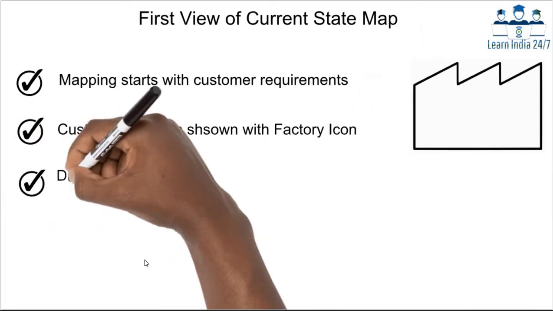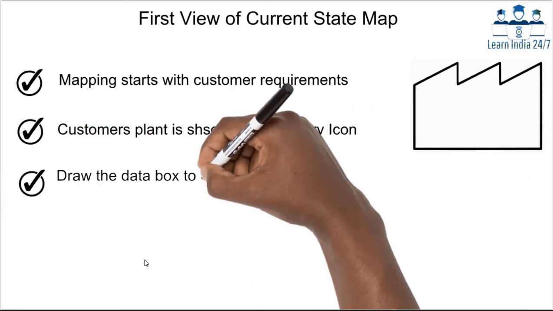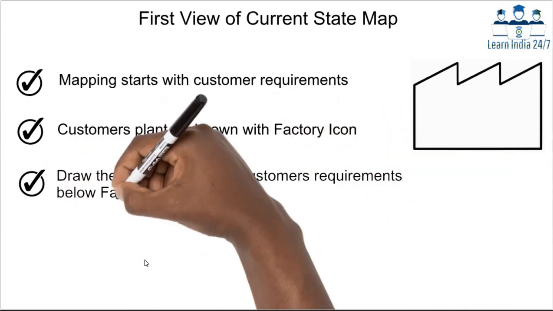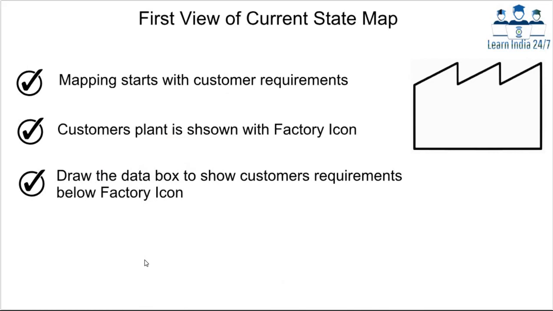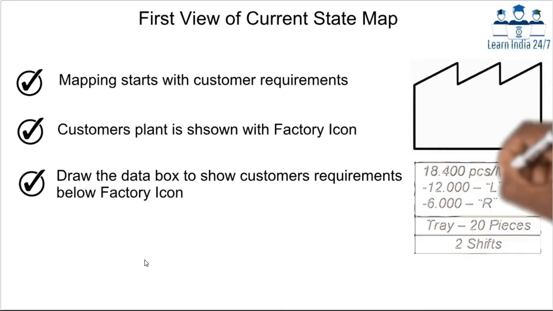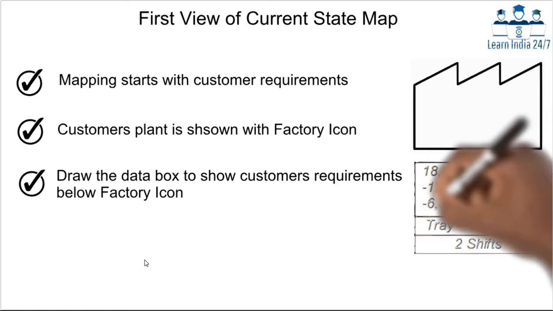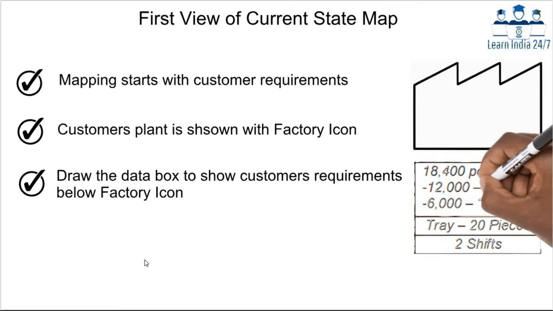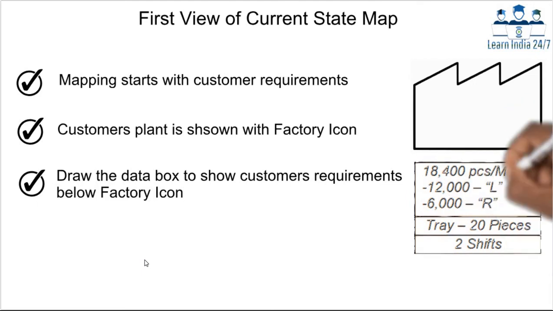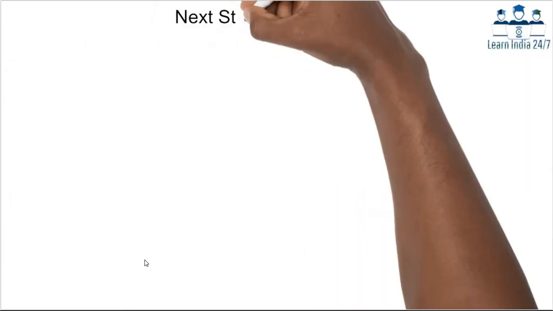In this case, the customer needs 18,400 steering brackets per month, and needs the same on a daily basis. The customer operates its plant in two shifts and typically needs 12,000 left-hand side steering brackets and 6,400 right-hand side steering brackets. The customer needs 20 brackets in a tray and up to 10 trays on a pallet.